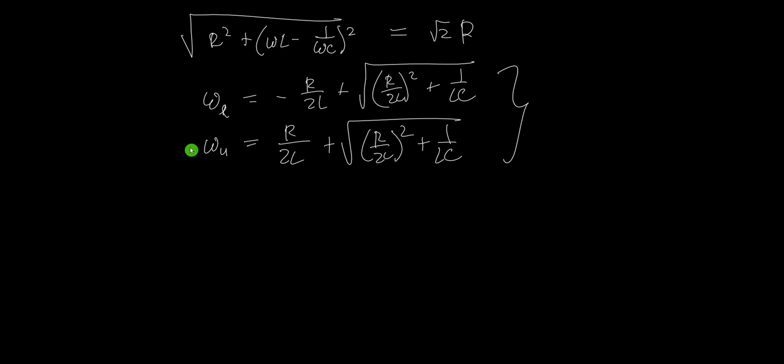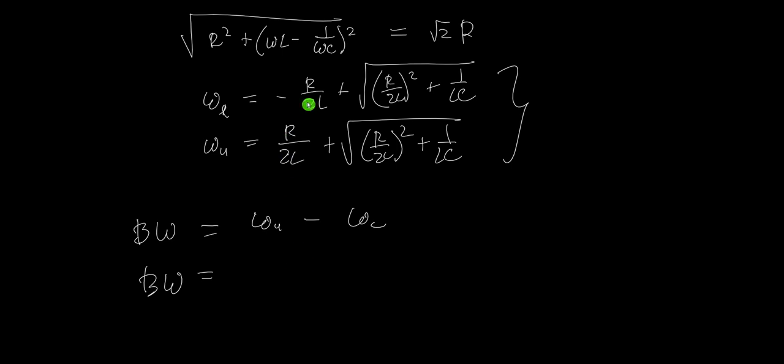Then if you want to solve for the bandwidth in terms of the natural frequency rather than just a simple frequency f, this will be equal to omega u minus omega l. So if you subtract this, the bandwidth now will be just equal to 2 R all over 2L.